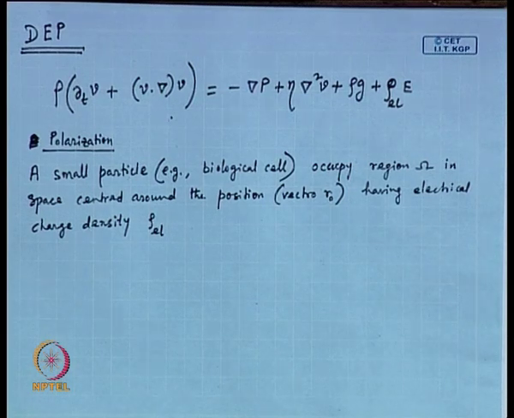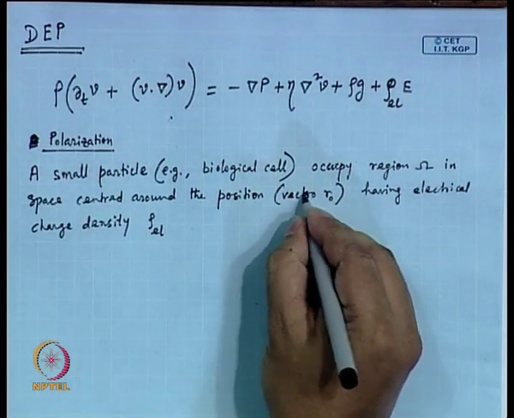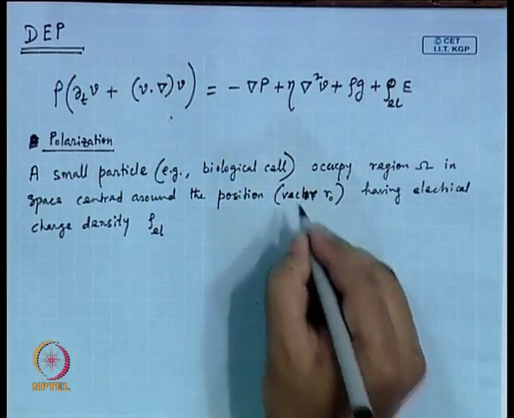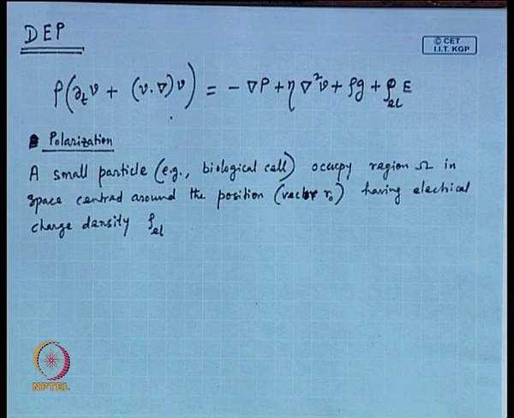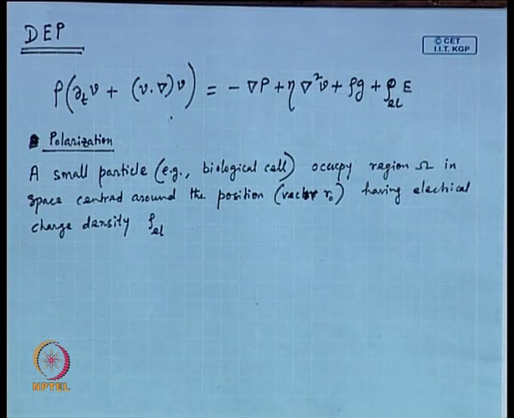What do we have now? A small particle such as a biological cell occupies region omega in space, centered around the position given by r0, having electrical charge density rho EL.